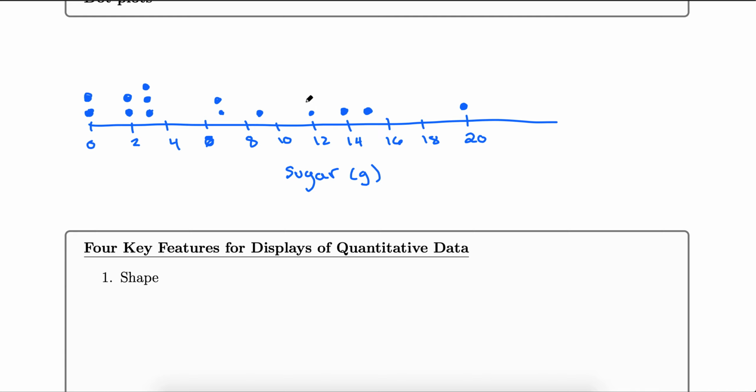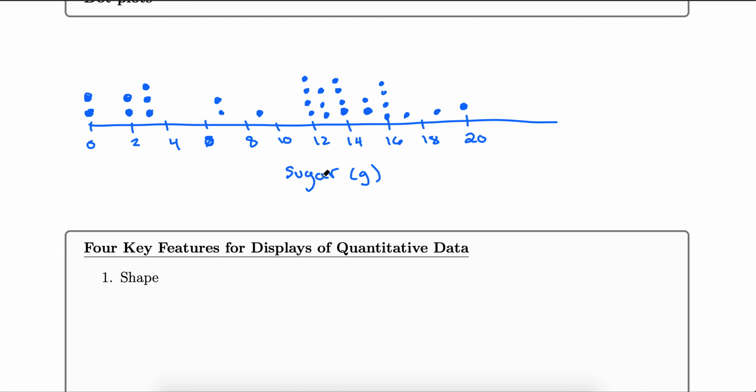We've got 4 that have 12 grams of sugar. We've got 3 with 13, 4 with 14. We already had one of them there, so don't overdo it. A couple of 15s, 4 16s, a 17, a 19, and then we already put the 20.